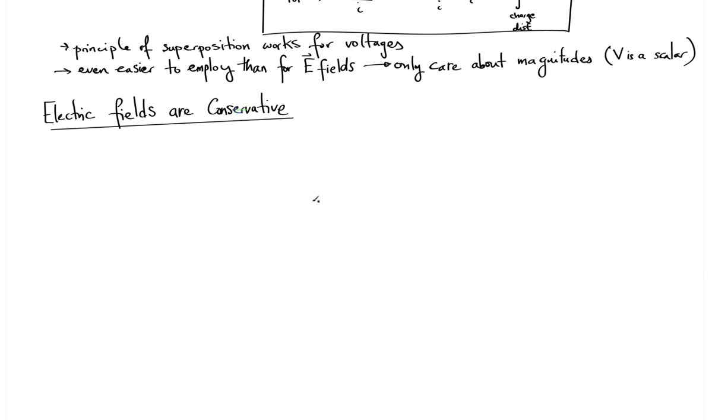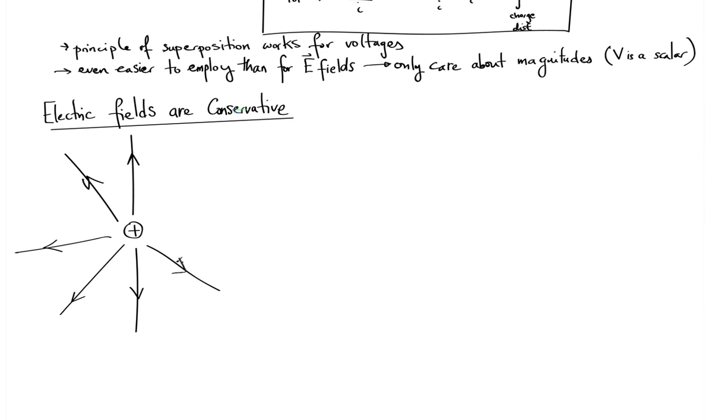So let's imagine we have a point charge. And if you've already seen this for gravitational potentials and you remember this, then you don't need to watch this part of the video, if you recall the argument for gravitational fields.